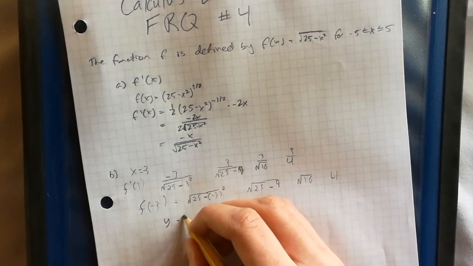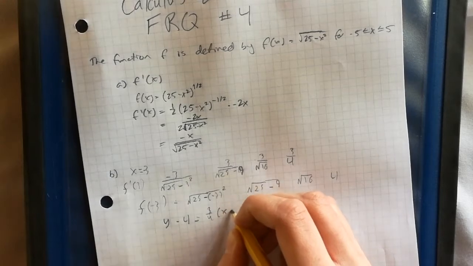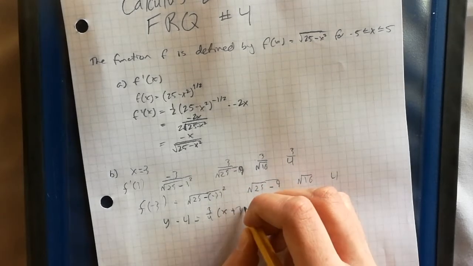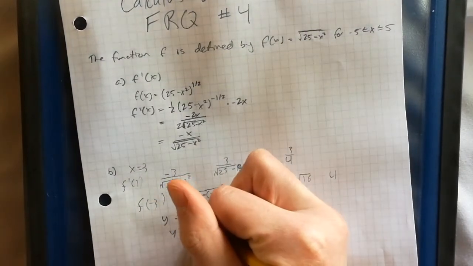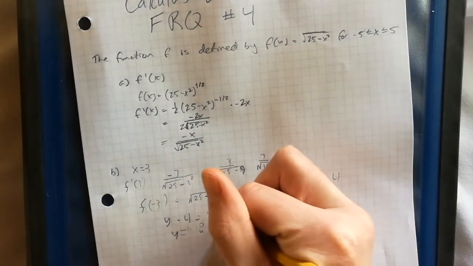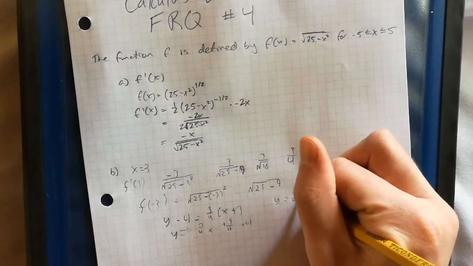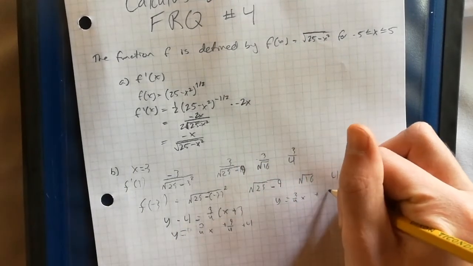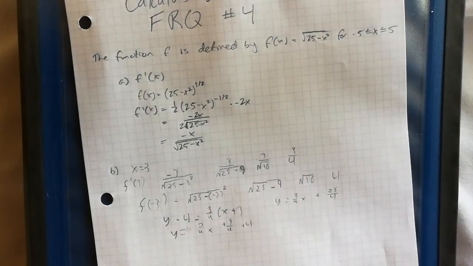So you put y minus 4 equals 3/4 times x plus 3, and you get y equals 3/4 x plus 25/4, which is the answer.